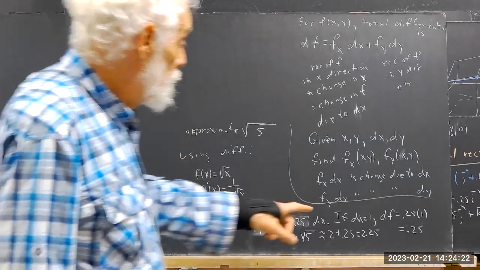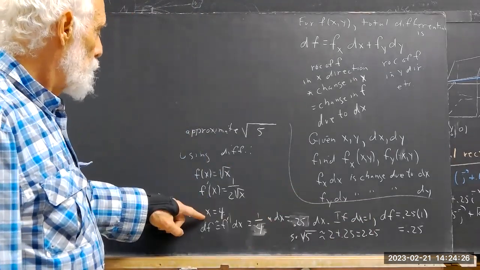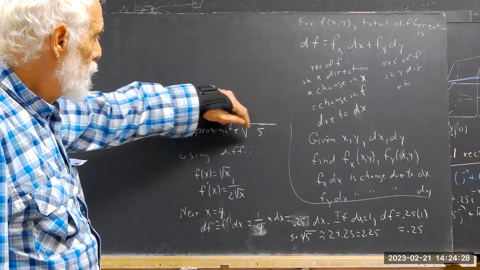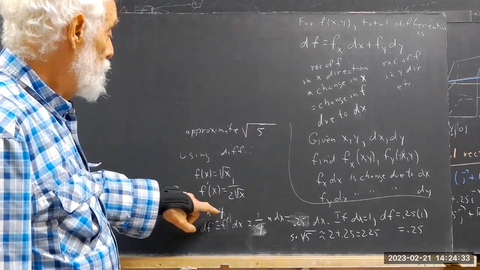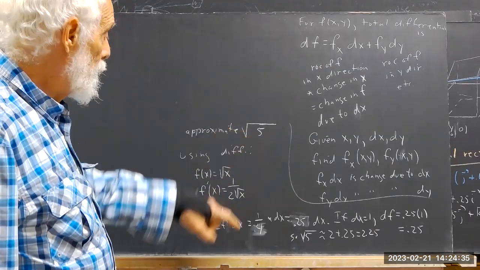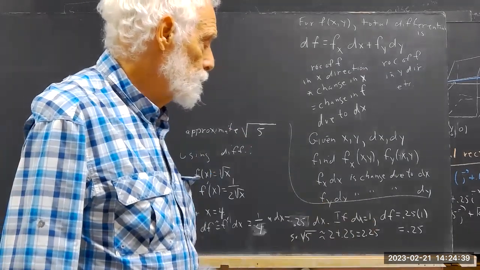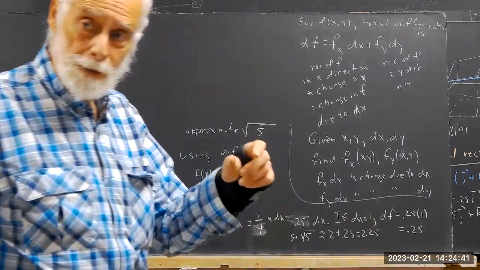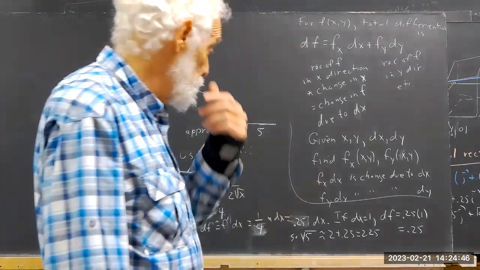If dx equals 1, and why would we want dx to equal 1? Well, we want to see what this is equal to at x equals 5. So from x equals 4 to x equals 5, we have a difference of dx equals 1. Now, that's not a tiny increment, so it's not going to be a totally accurate approximation, but we're going to use it anyway.